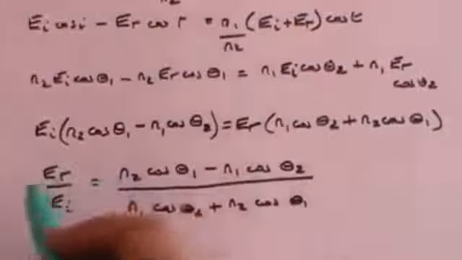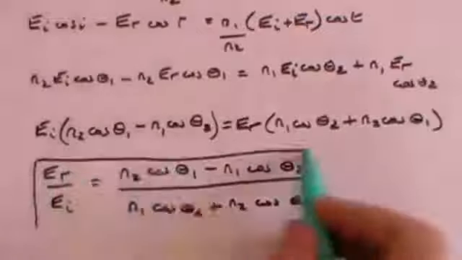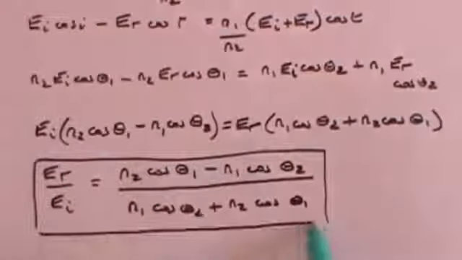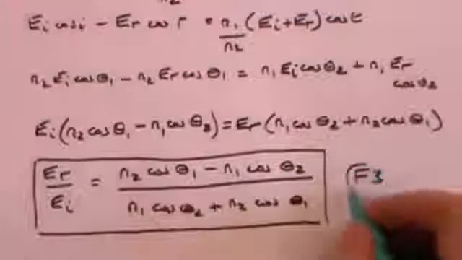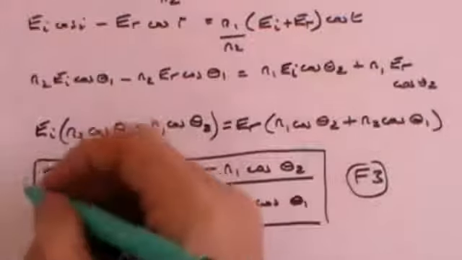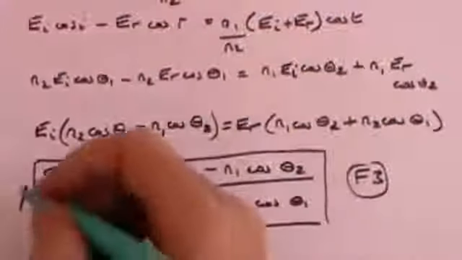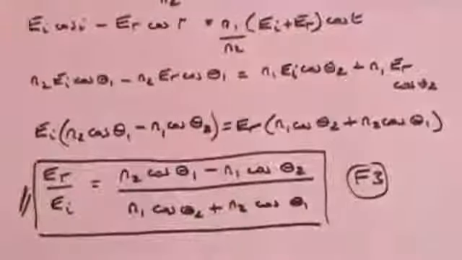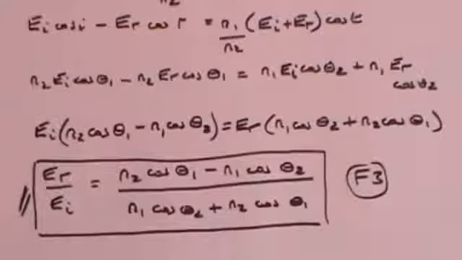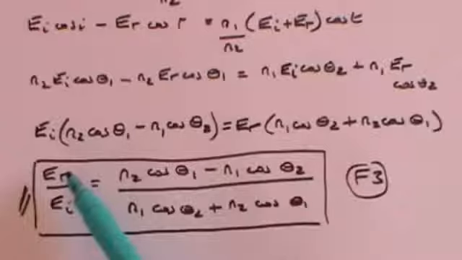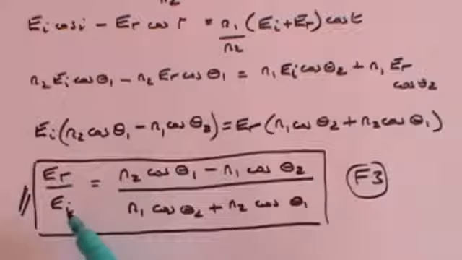And that is the third Fresnel equation. And that relates, remember, to the, make it clear, the parallel E vector. We did the perpendicular before, we're now doing the parallel in the plane of the paper. And that relates the parallel reflected E vector to the parallel incident E vector.